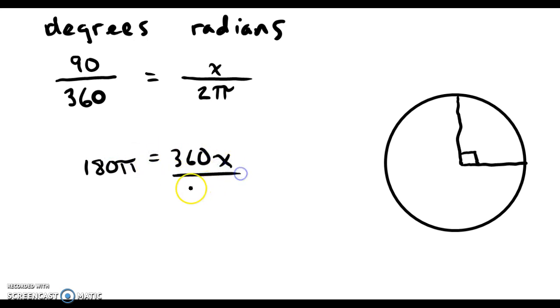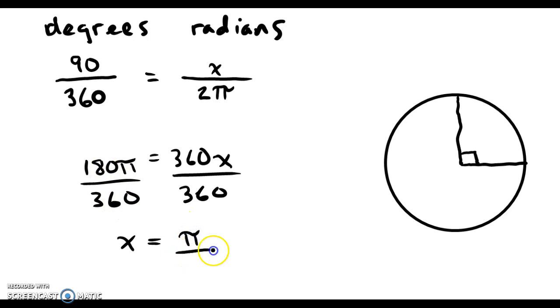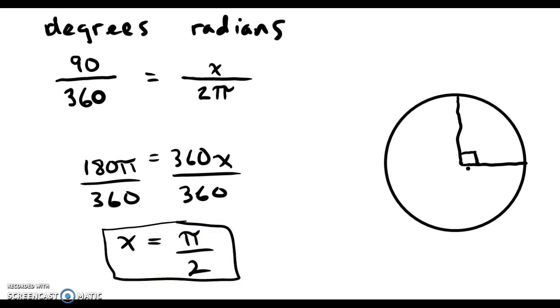And now we're going to divide the 360 on both sides. And that means that x is equal to, I'm going to reduce that fraction, pi over 2. If you don't know what happened, I just reduced 180 over 360. So that means 90 degrees is equal to pi over 2.